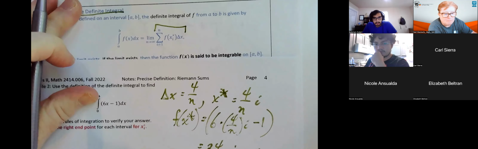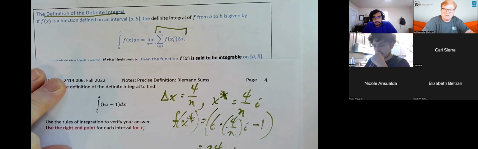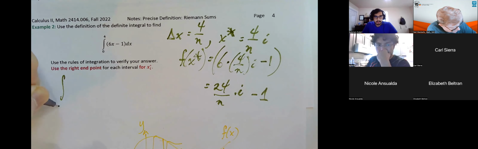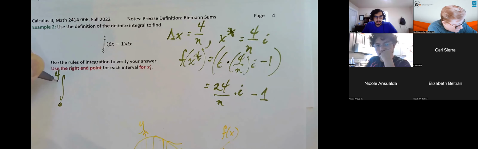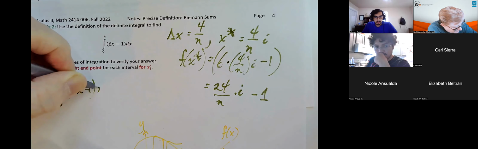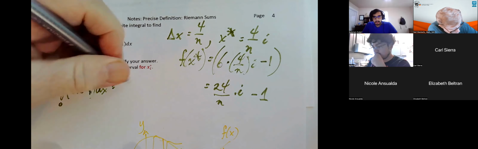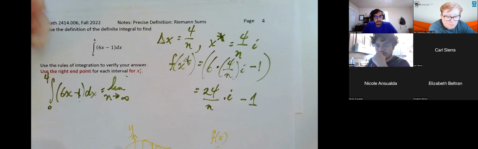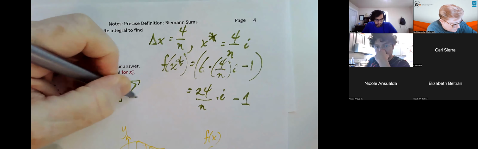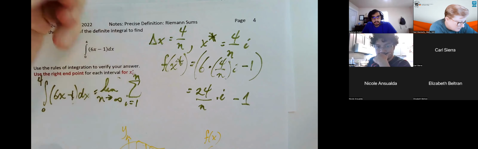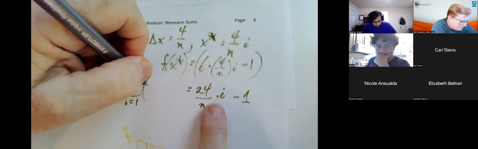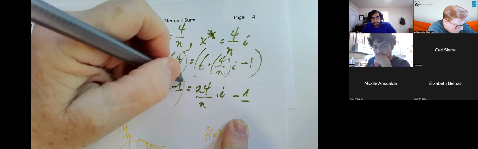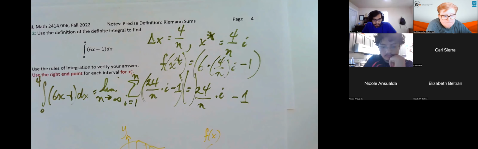And now we're going to put it back into this summation limit formula. So we know that the definition of the integral from 0 to 4 of 6x minus 1 dx is the limit as n goes to infinity of the summation as i goes from 1 to n of 24 over n times i minus 1, all times, what do we multiply by there? Delta x, 4 over n.